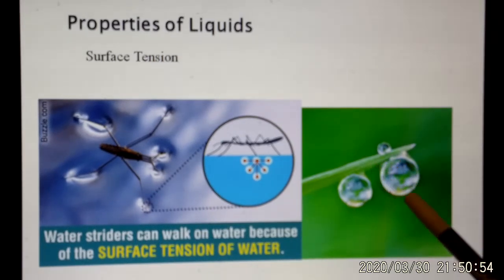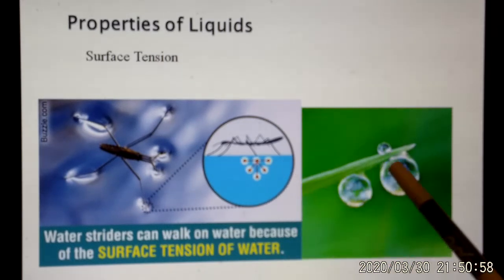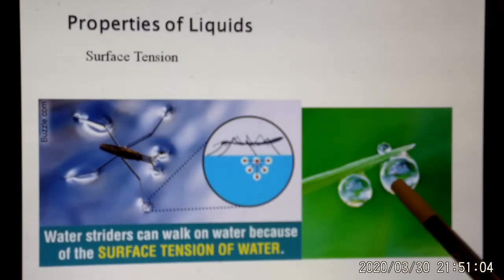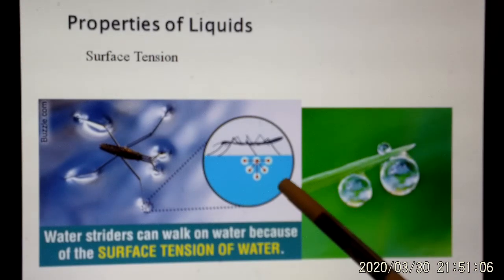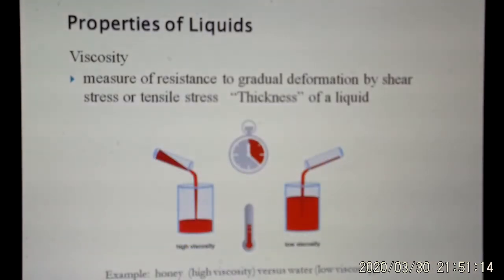The surface tension interactions are holding all your molecules together at the surface, and that is in competition with spreading out so much that the inside water molecules can spread out. Okay.